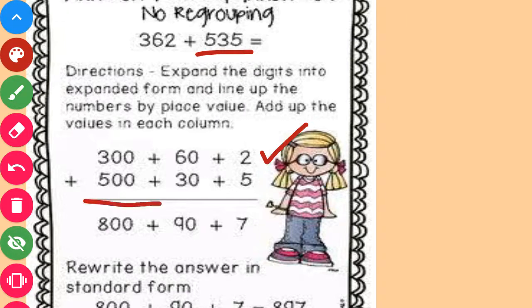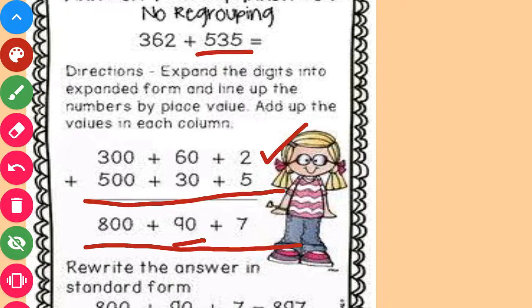And now we will sum these numbers. So 5 plus 2, 7, 60 plus 30, 90, and 500 plus 300 will give us 800. So what we have got? 800 plus 90 plus 7.